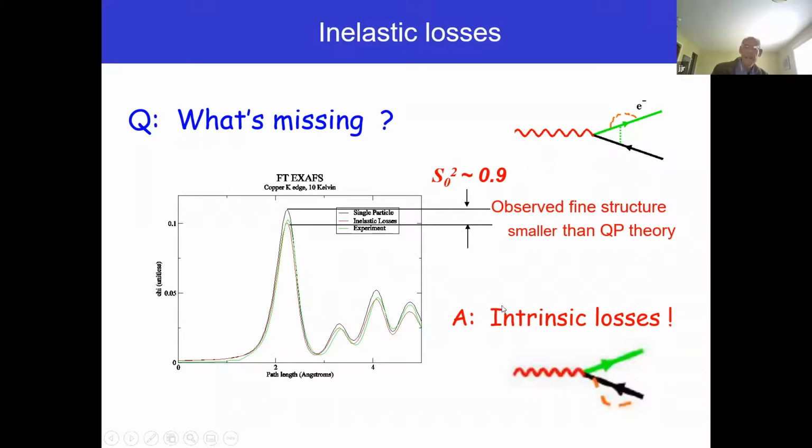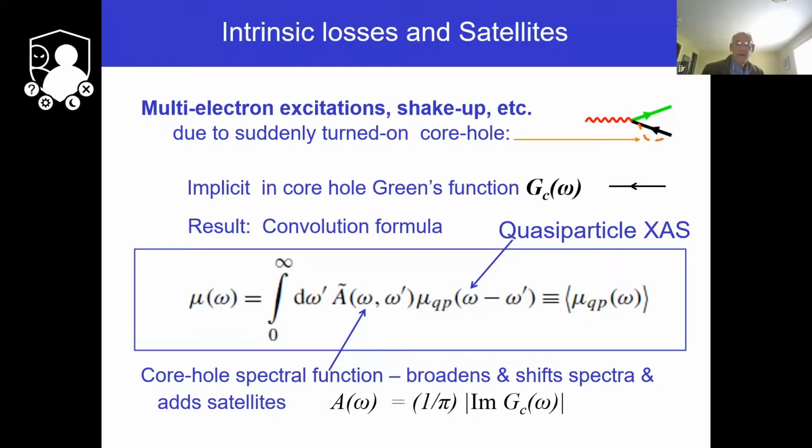And that's because the theory neglects these intrinsic losses, which sort of steal spectral weight out of the photoelectron. It's like inelastic losses or multi-electron excitations. When you suddenly turn on a core hole, you can also create density fluctuations that steal weight.